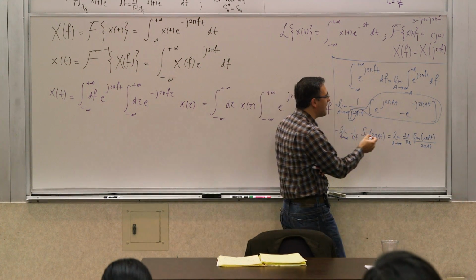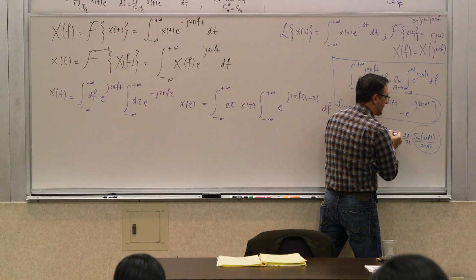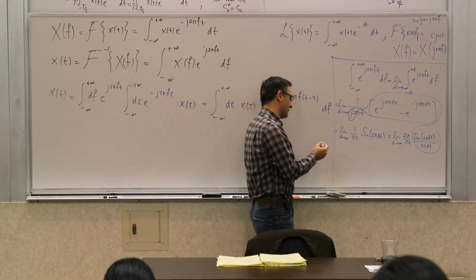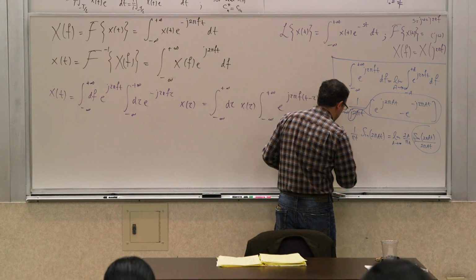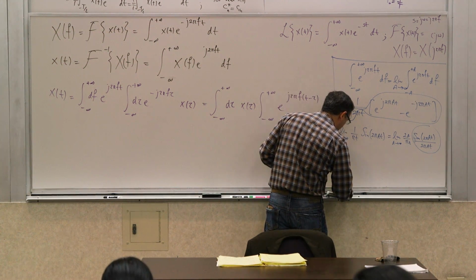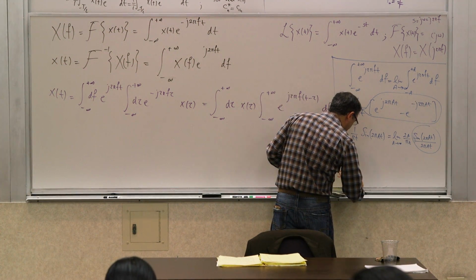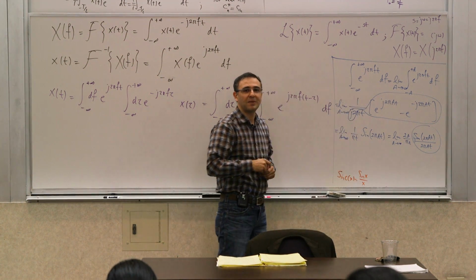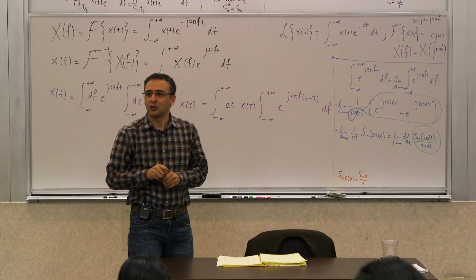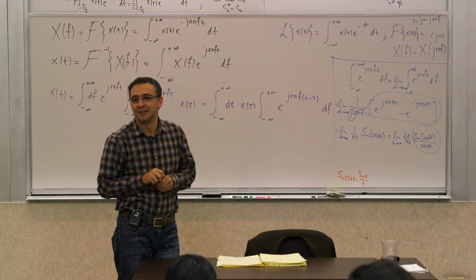Now, this is what we call a sinc. So let me write this here. We define sinc of x as sine of x over x. To make matters confusing, there are two different definitions of sinc.